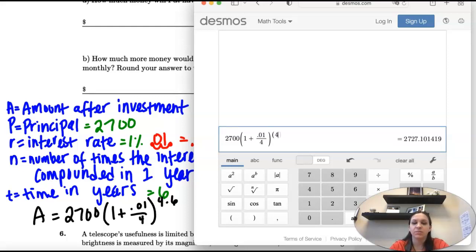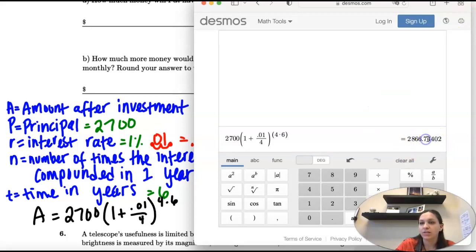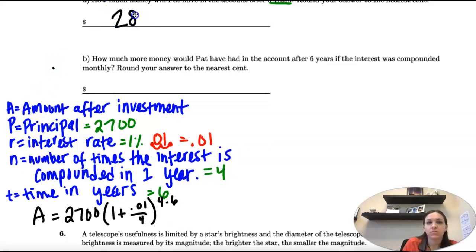That means I need to put my exponent in parentheses, 4 times 6. And I'm rounding to the nearest cent, so 2866.74.